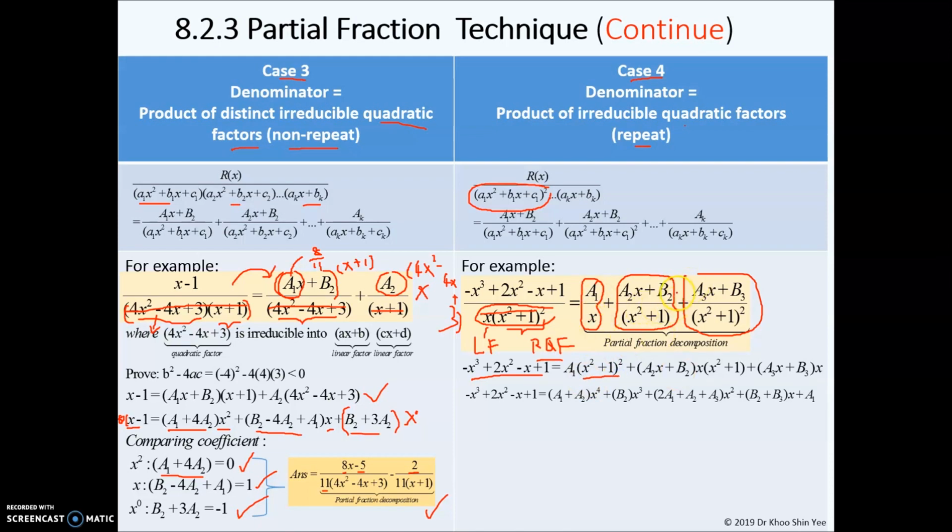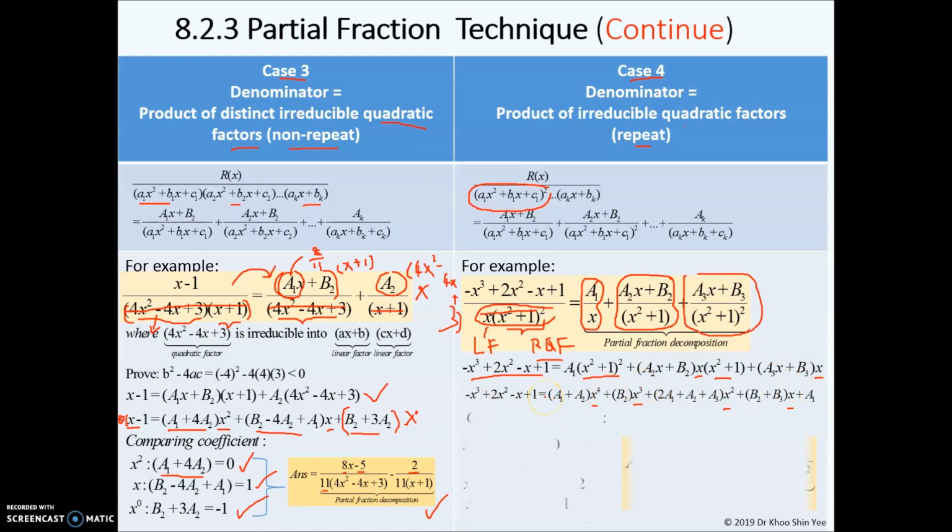So multiply here, you get x, multiply with x squared plus 1. And on the last term, you cancel off this term, and then you have the x factor only. So rearrange the terms according to x power 4, 3, 2, 1, and 0.